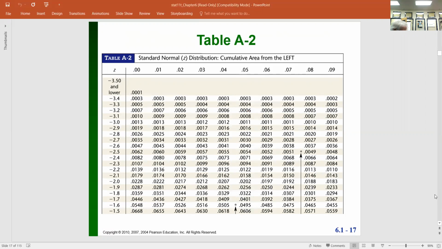So what we have is, if the standard deviation is 15, the thing we have to do is calculate a z-score.